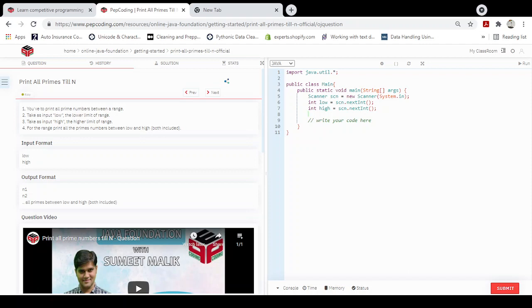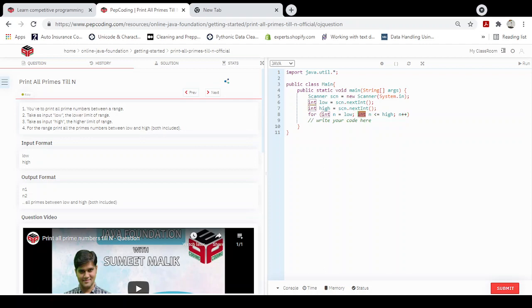But how do we know its range? We need to run a loop which will go from low till high. How? n plus plus.